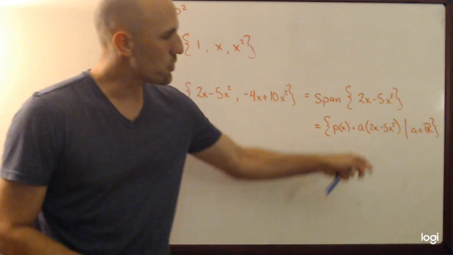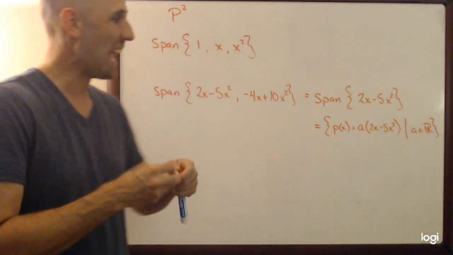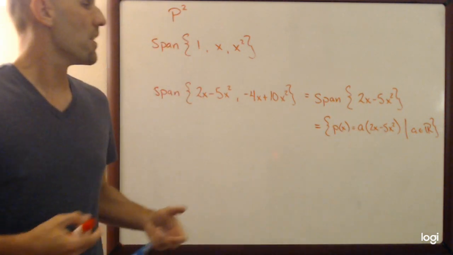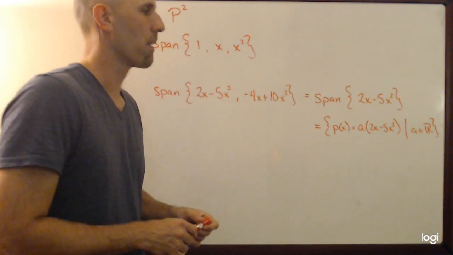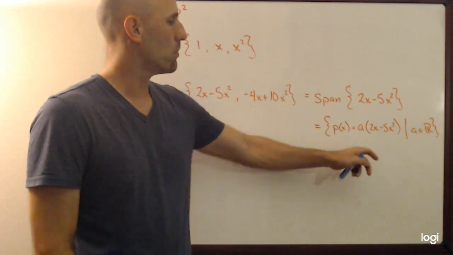But if this is true, then if a is any possible real number, then hypothetically a could be 2. Okay? a could be negative 2.